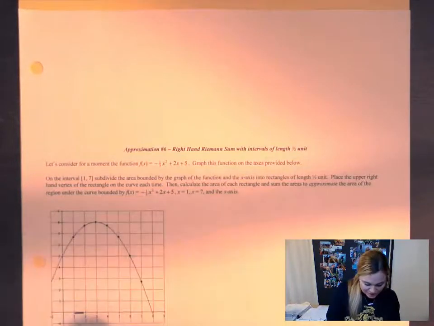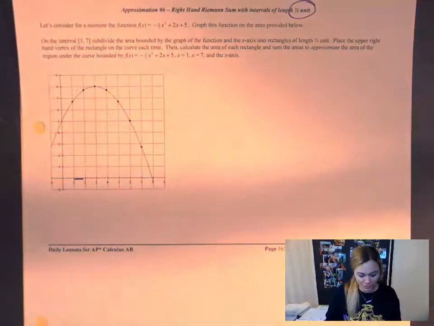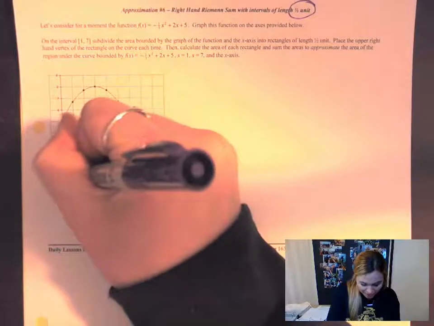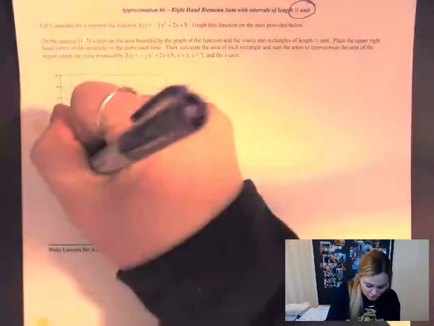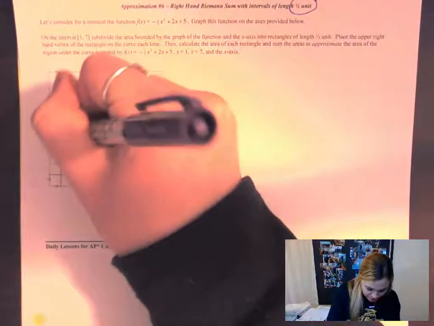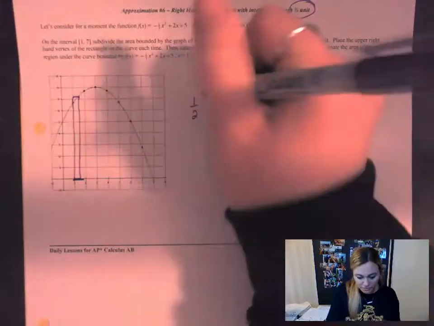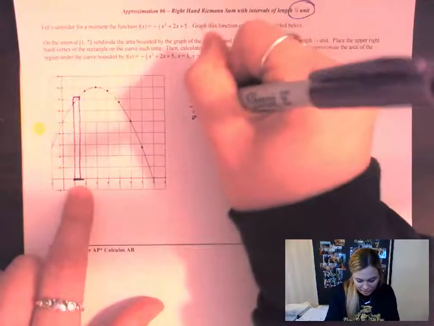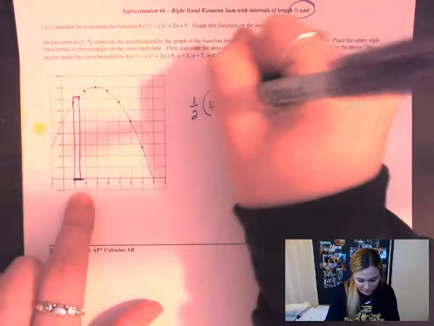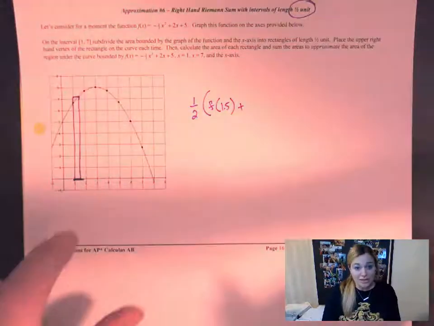This is where you might be like, I get it. And you can just do enough that you get, this isn't going to be the whole way. Oops, sorry. If this is a right Riemann sum with a half unit, you're going to only be going halfway over. And then remember to choose your height by the right hand side. So the base in this one is going to be a half. The height, my first height, would be f of 1.5. I'm going to draw the rest of them.